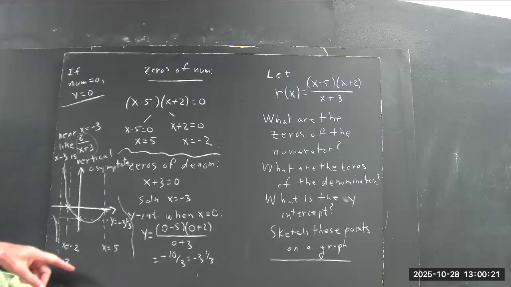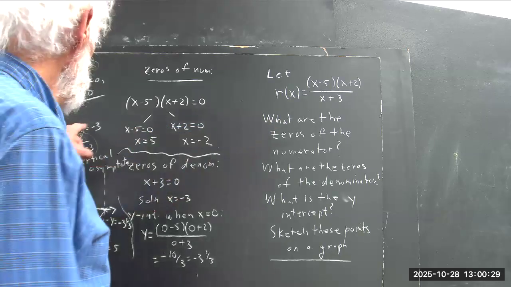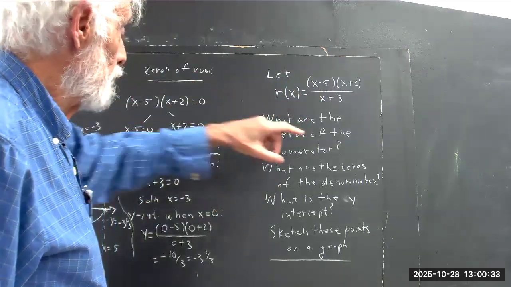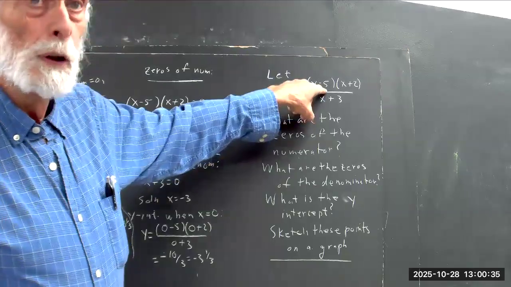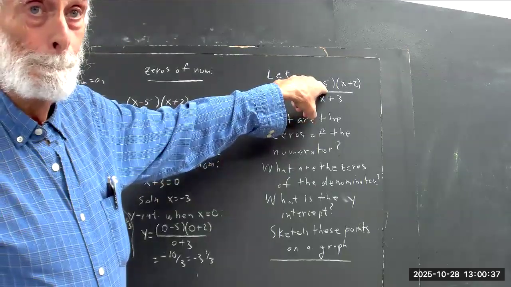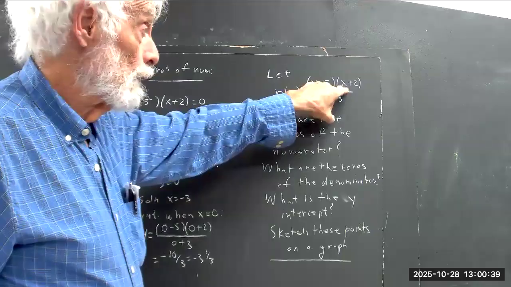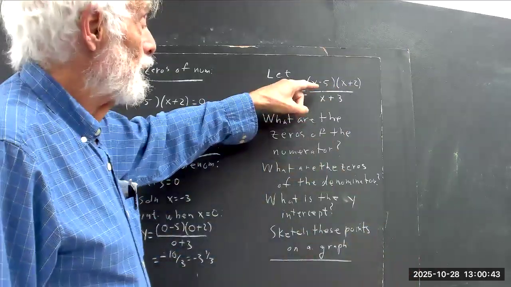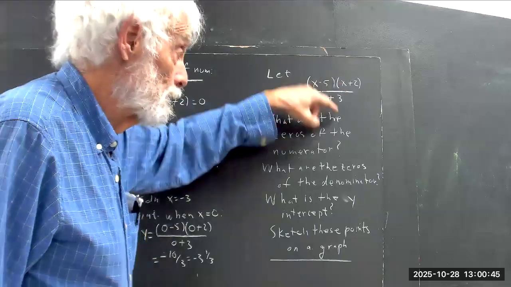Again, the way to understand what happens near x equals -3 is to understand that when x is close to -3, where did I get 8 over x plus 3? When x is close to -3, x minus 5 is close to -8, right? And -3 plus 2 is -1. So -8 times -1 is 8. That's where I got the 8.